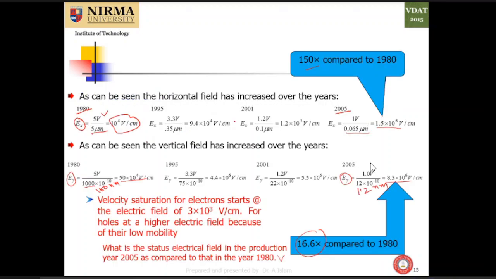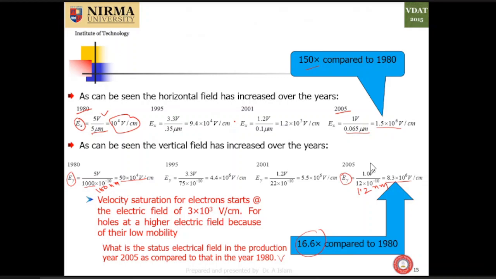Now, what is the scenario of field, vertical as well as horizontal, that we are going to see? As can be seen, the horizontal field has increased over the years. In 1980, EX was 5 volt by 5 micrometer, and it gives you 10 to the power 4 volt per centimeter horizontal electric field.